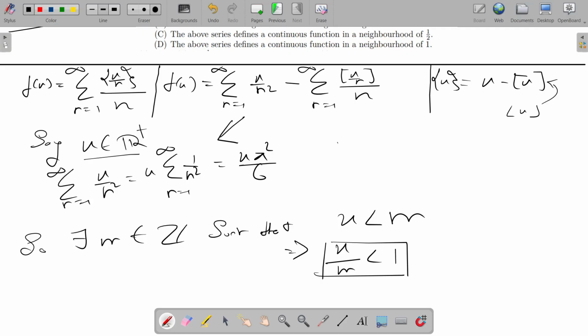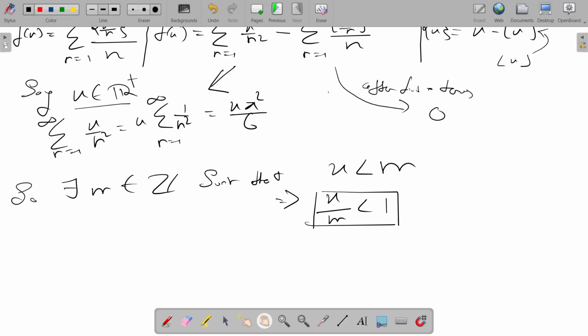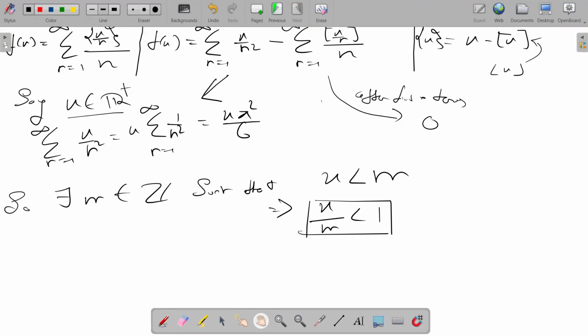Now, what about this? After finite terms, this whole thing will go to 0, because there exists m such that x is less than m, and x by m is less than 1, which would again imply that box of x by m is 0, right?